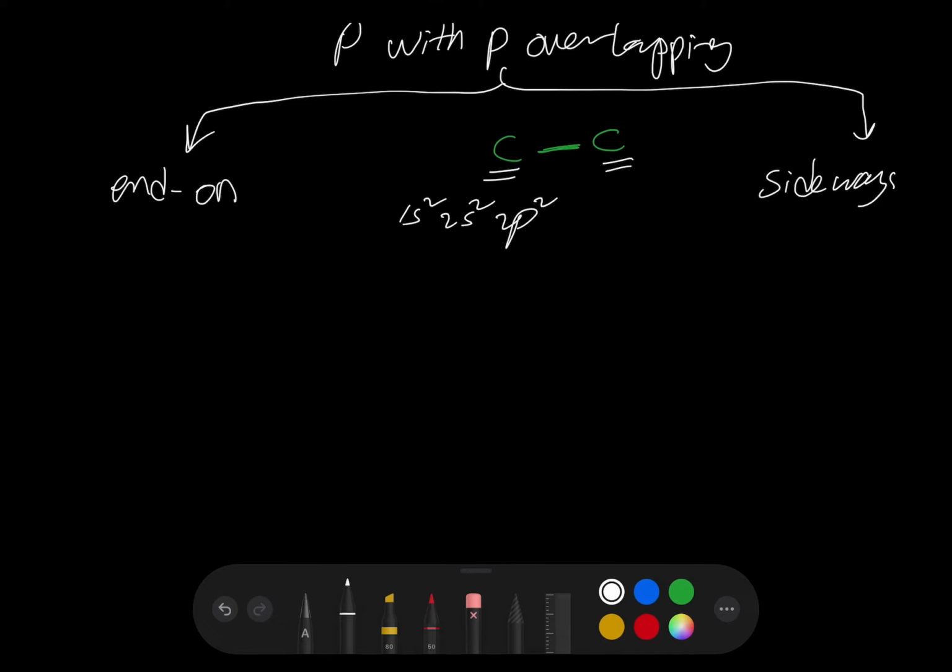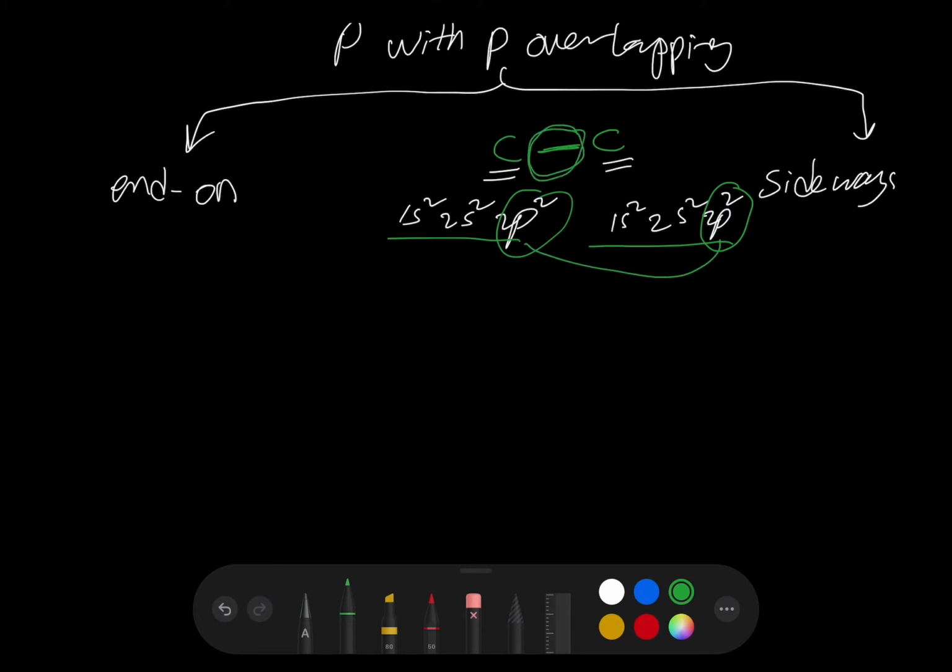The second carbon has the same electronic configuration, 1s2, 2s2, 2p2. These two atoms have p orbitals in the outer shell. So these p orbitals will overlap to form this bond. This is exactly what will happen in the end-on type of overlapping.